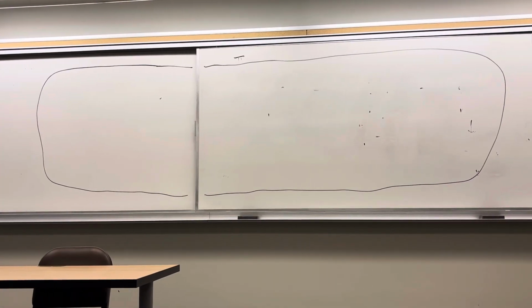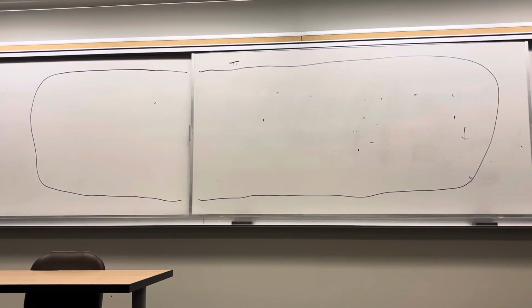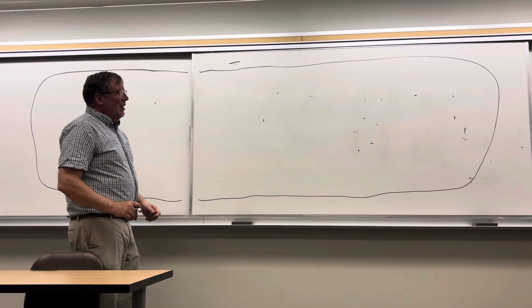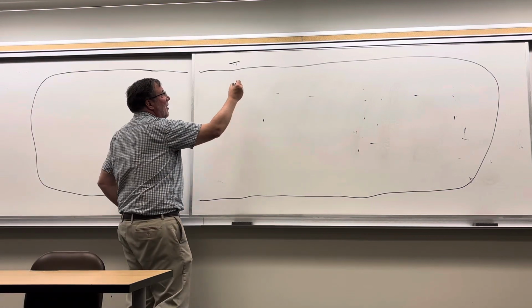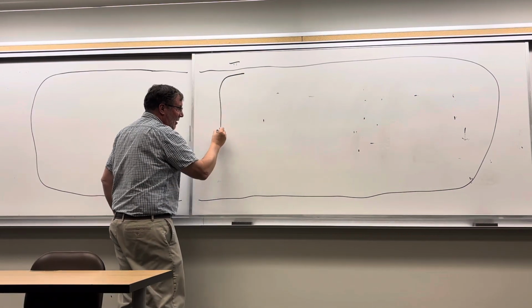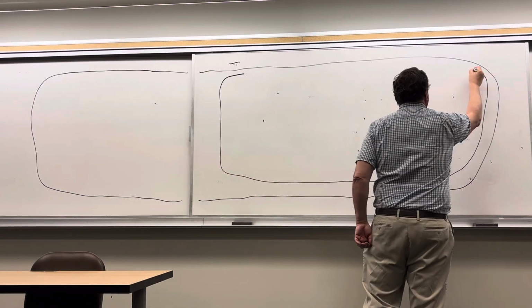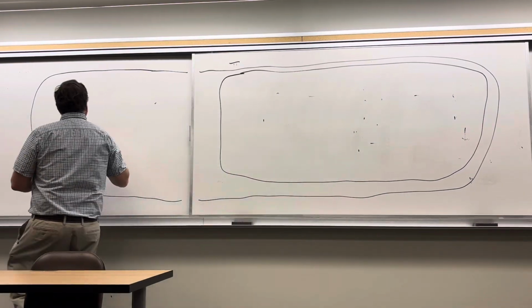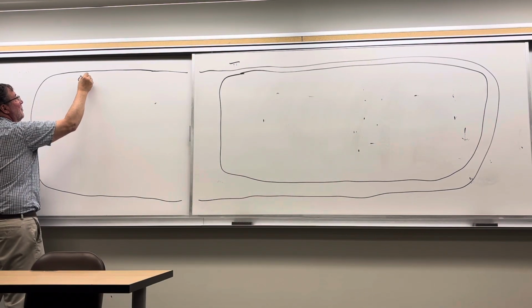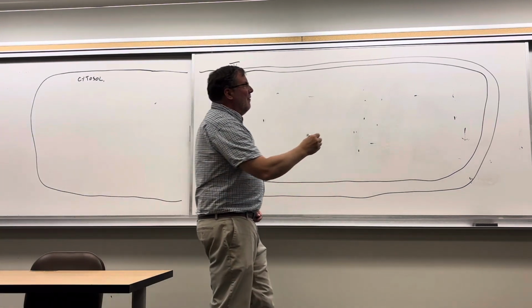Generic, we'll call this a liver cell or something. Then the other thing I'm going to do, and I'm going to draw in a way that is totally unrealistic, so don't show this to any cell biologist, is draw a mitochondria. Here's a mitochondria. So over here we have the cytosol, and over here we have the mitochondria.